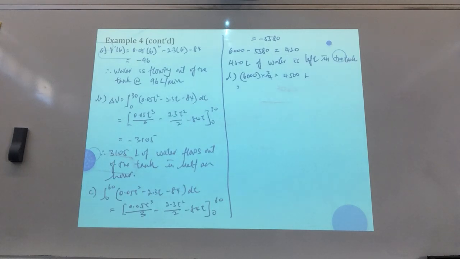That's the amount that needs to flow out, and then you can do an integration and work out what t is. In this case, use your ClassPad to solve.